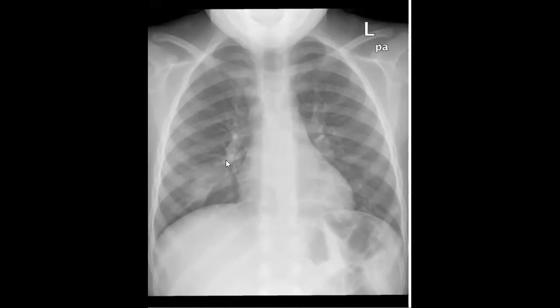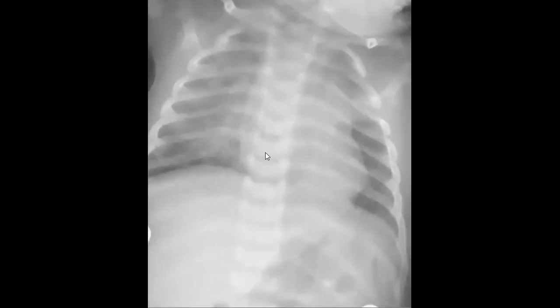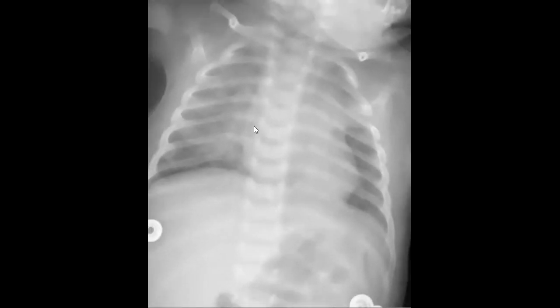There is a consolidative opacity here, and possibly here also retrocardiac. Again, not every veiling can be just interpreted as vascular markings, but here you can see that there is an opacity, so this could be consolidation.